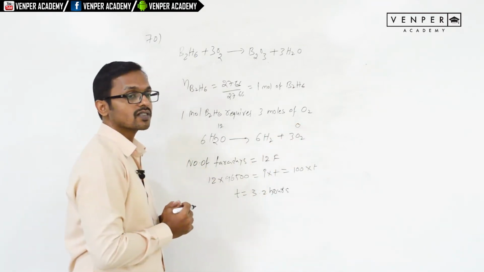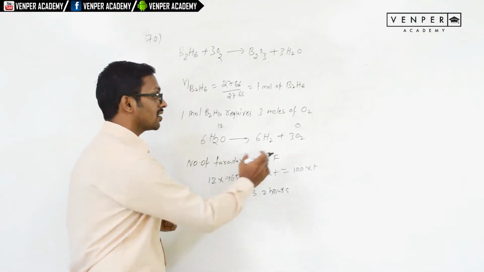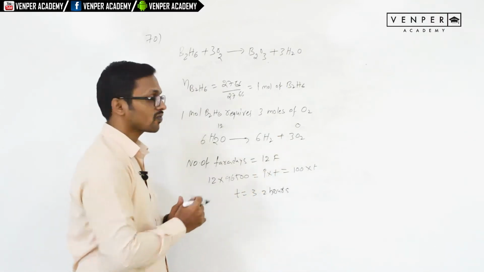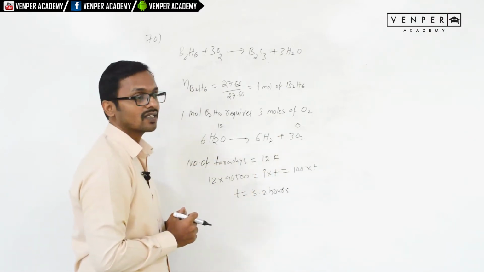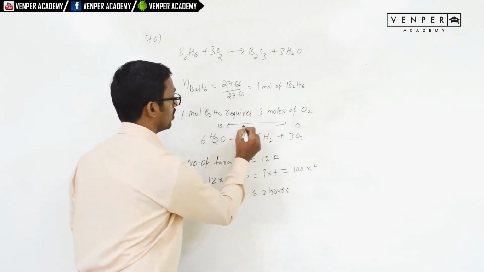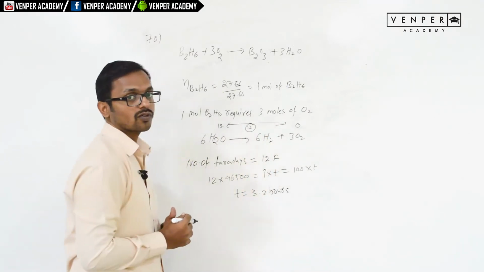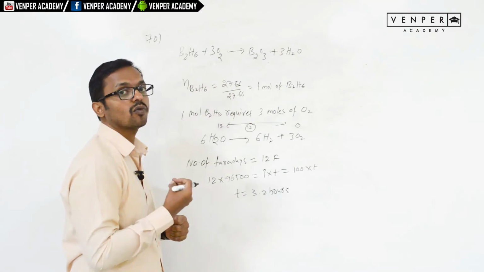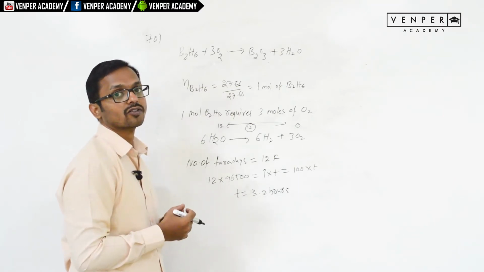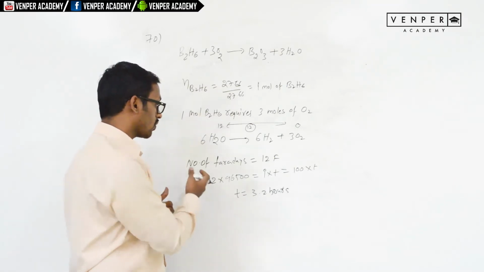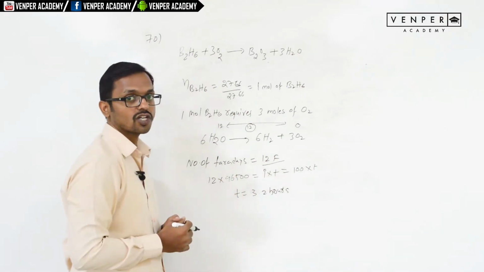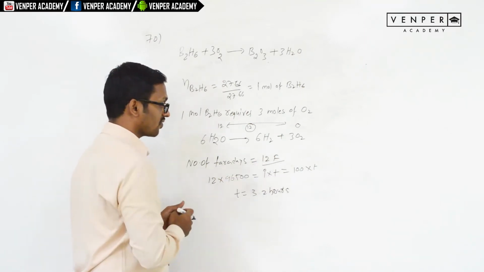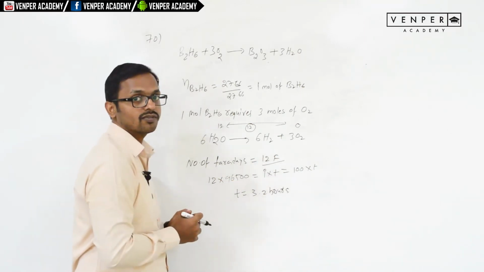The total number of electrons required to get 3 oxygen molecules from 6 water molecules is 12 electrons, that is 12 moles of electrons. Each mole of electrons is nothing but a Faraday, so we require 12 Faradays of charge, and this 12 Faradays of charge is also equal to I into T.